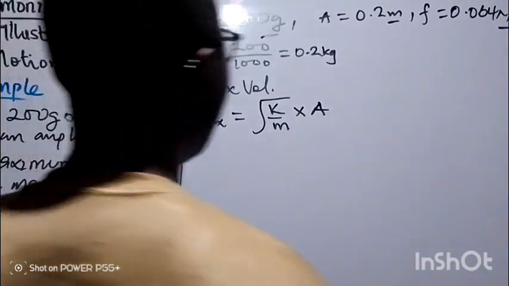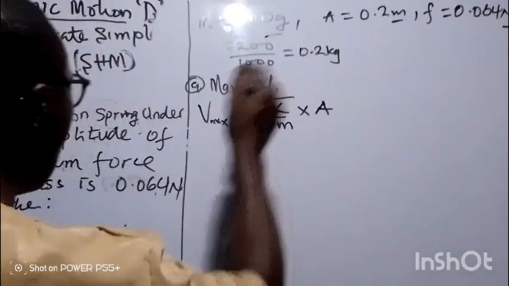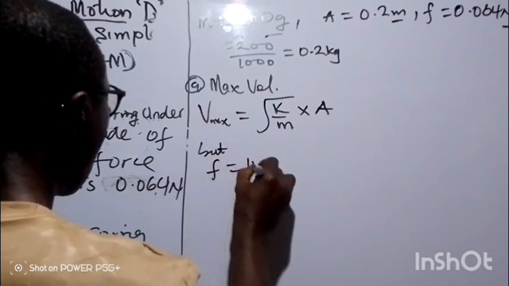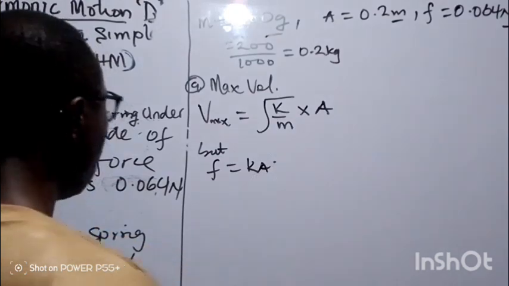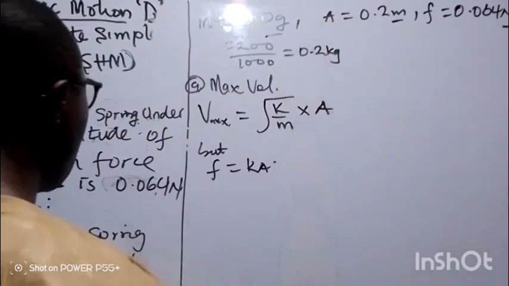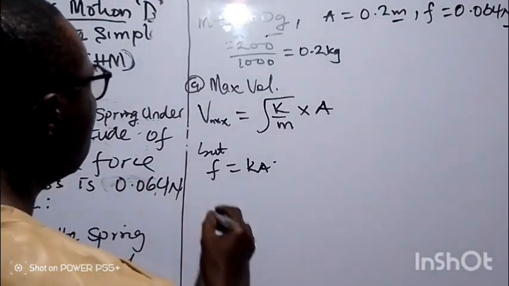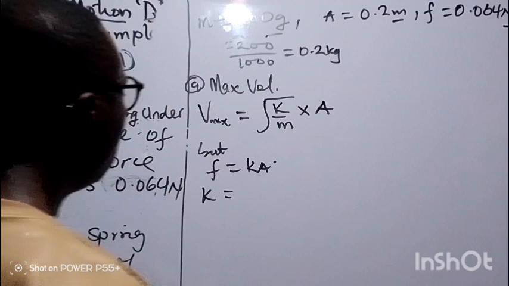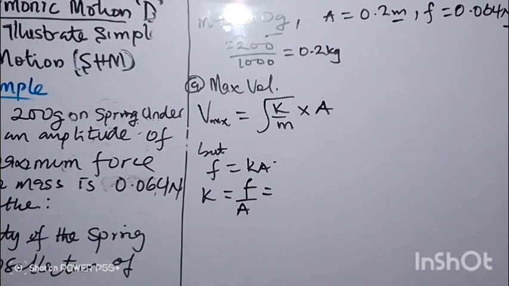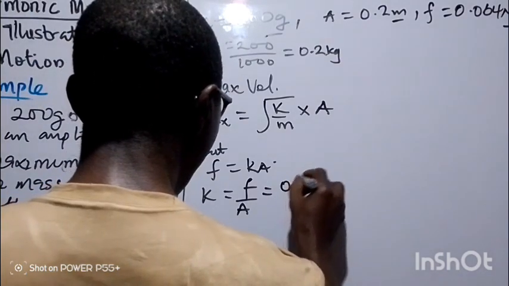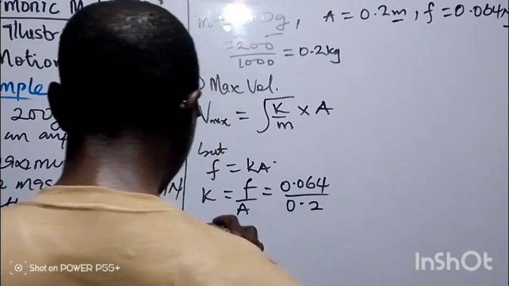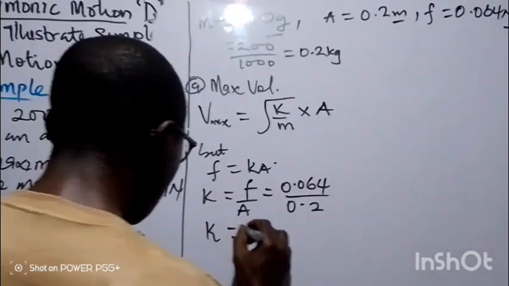And don't forget, F is equal to Ka, that is from Hooke's law, because the amplitude is given. Then we can say K will be equal to F over A. Our F given is 0.064, then divided by 0.2 as amplitude. So K will be equal to 0.32 Newton per meter.